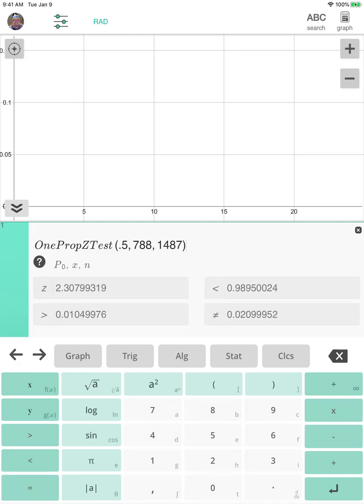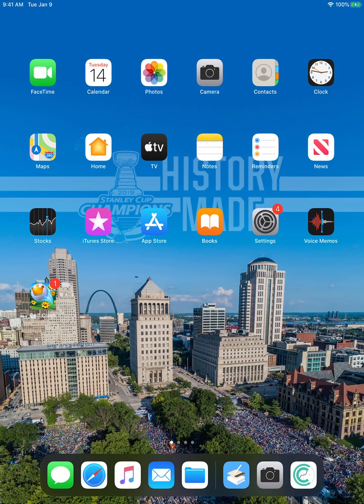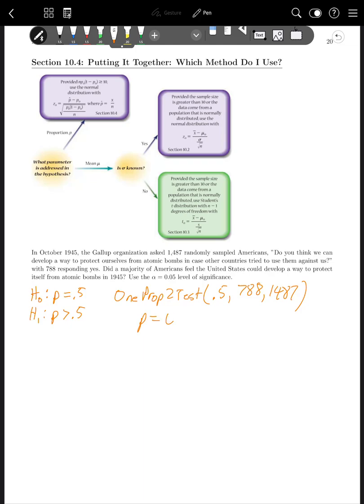And so when we do that, we're doing the greater than one, so that's the lower left answer. So our p-value here is 0.0105, and so that is less than alpha.